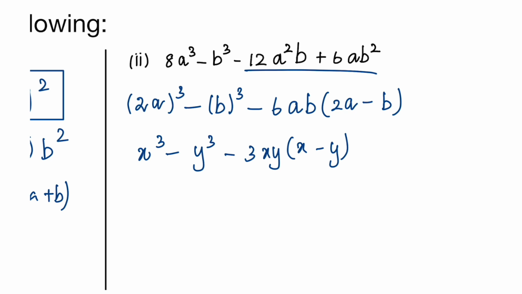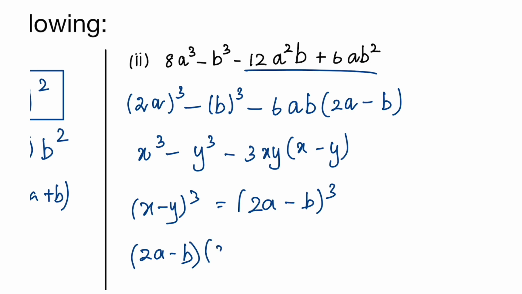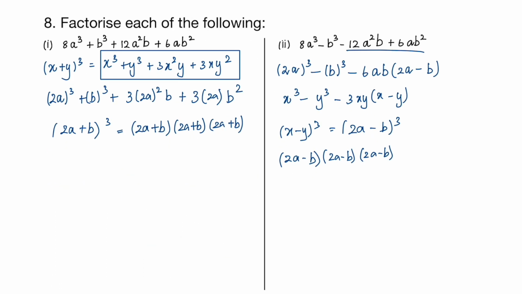So if we start with x and y, complete the entire identity with x and y. So it's x cube minus y cube minus 3xy into x minus y. Okay, it's of that form, so you can write this as x minus y the whole cube, right? So x here is 2a, so 2a minus b the whole cube. So it can be further written as 2a minus b into 2a minus b into 2a minus b. Okay, so that is the factorized form.